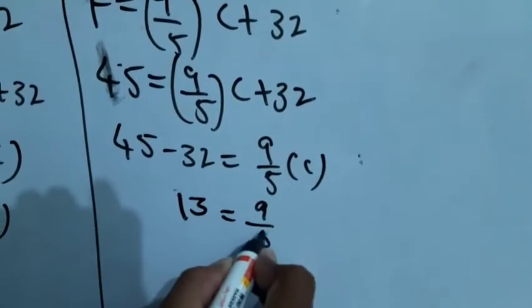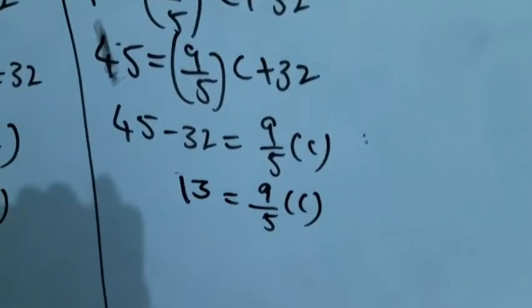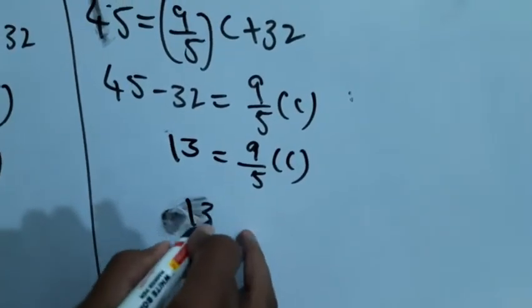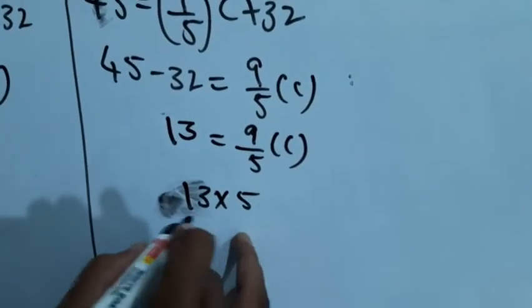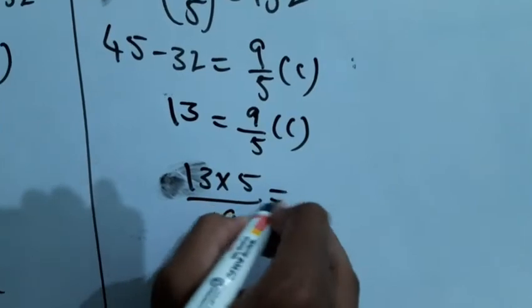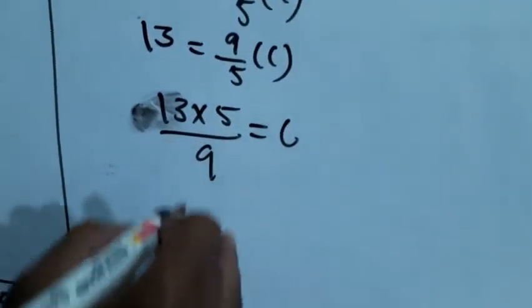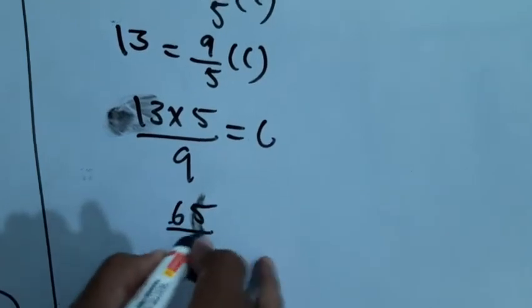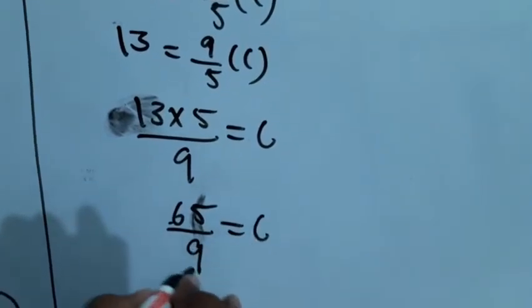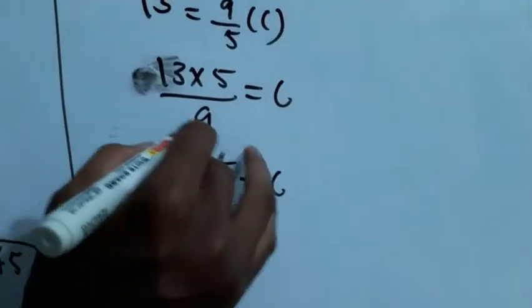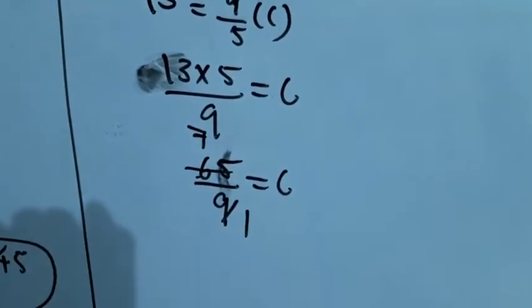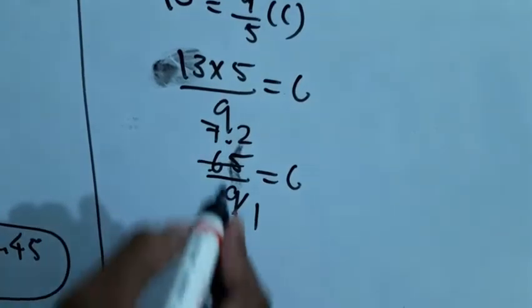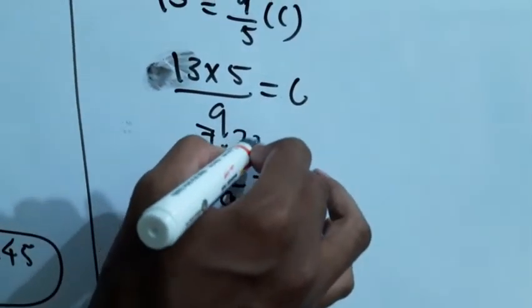13 is equal to 9 by 5 into C, then 13 into 5 divided by 9 is equal to C. 13 5s are 65 divided by 9 is equal to C. 9 7s are 63, 2 left, 20. 9 2s are 18, again 2 left.